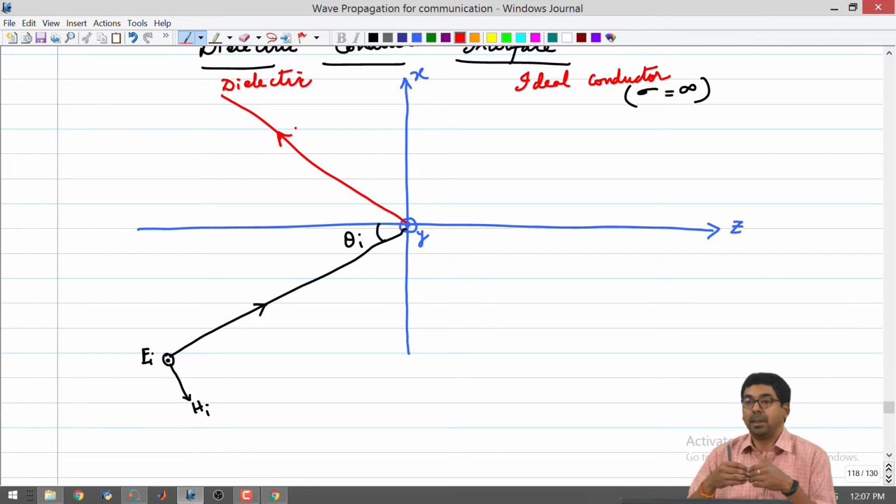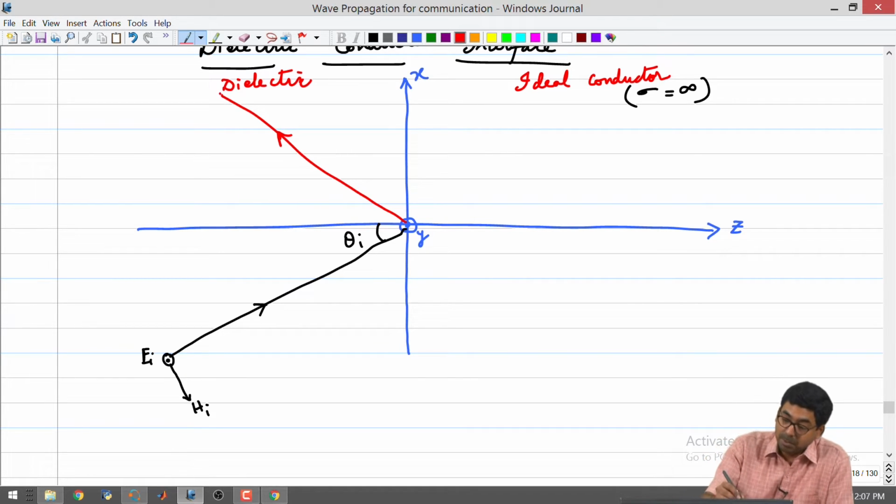We will make some assumptions related to the polarization, and one of the things that happens is you can make an assumption related to the E direction, H direction, etc. You can calculate the reflection coefficients, and the reflection coefficient will be in line with what will happen physically. In this case I am going to demonstrate what it means.